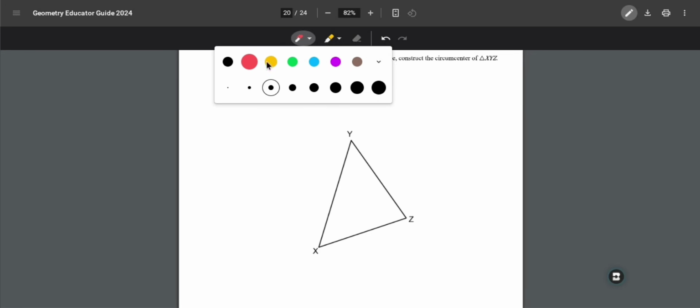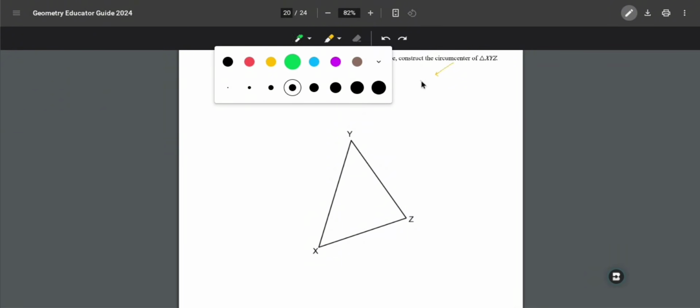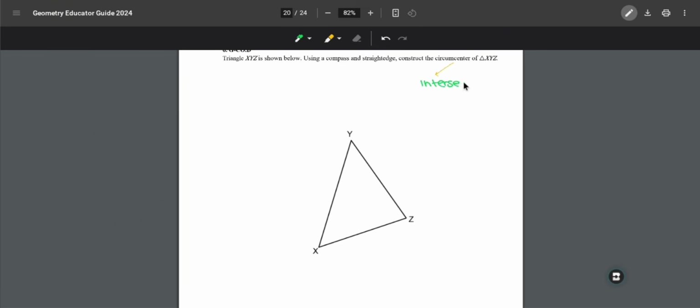So, circumcenter just means the intersection of the perpendicular bisectors of each side. So the point of intersection where each perpendicular bisector, when it's formed on each line, the point where they intersect, that's going to be your circumcenter.